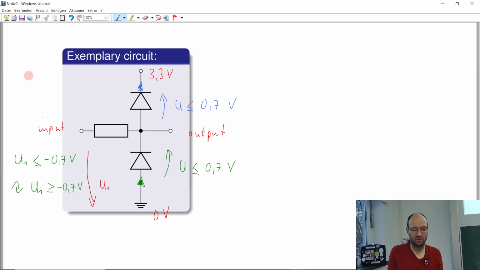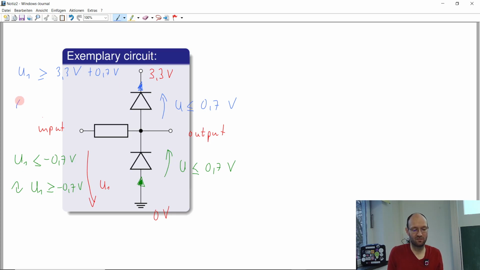And so if our input voltage gets larger than the supply voltage plus 0.7, so if our input voltage U in is greater than or equal to 3.3 plus 0.7 volt, then this diode will get conducting, and every charge and current from this voltage that is higher than this will go to the supply voltage of our circuit, and don't do any harm there.